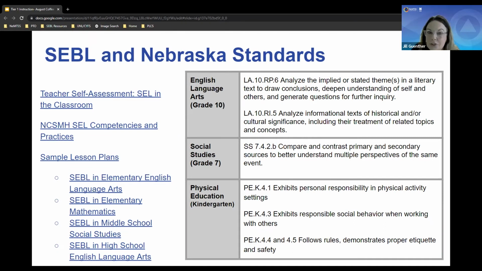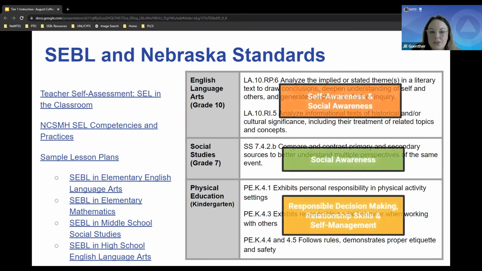And then PE, which is from kindergarten: personal responsibility, responsible social behavior, and proper etiquette and safety. That actually involves three of the competencies. Responsible decision-making for the first one, relationship skills for being able to work with others, and self-management, being able to demonstrate proper etiquette and safety.